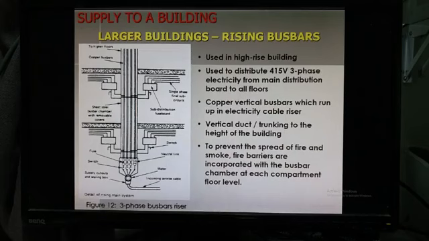It needs a vertical ducting or a riser to serve the entire height of the building. And to prevent the spread of fire, fire barriers need to be installed at each compartment of floor level, meaning that over here we need to put in the fire barrier. Here also we need to put the fire barrier.